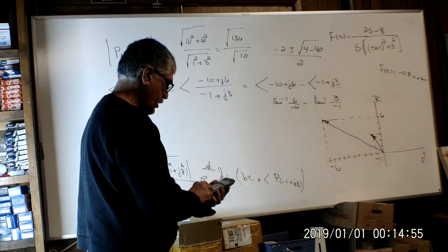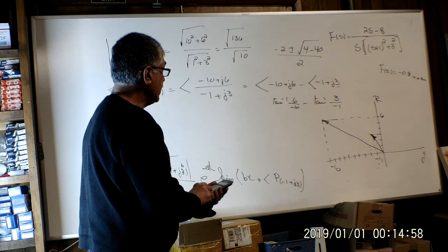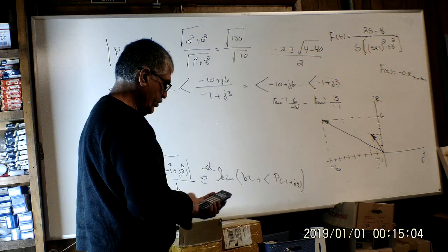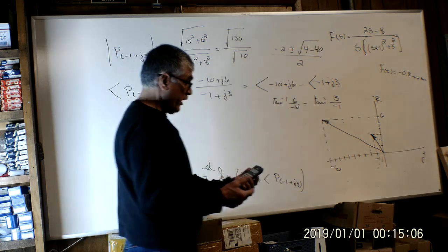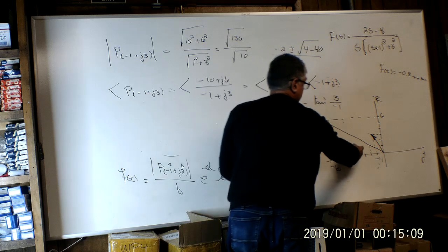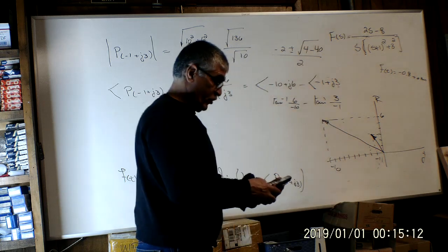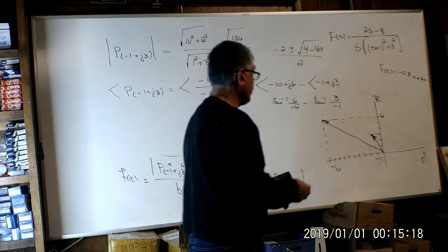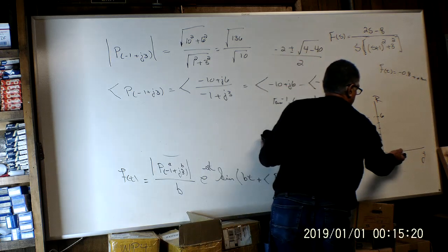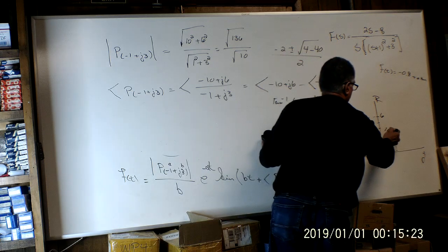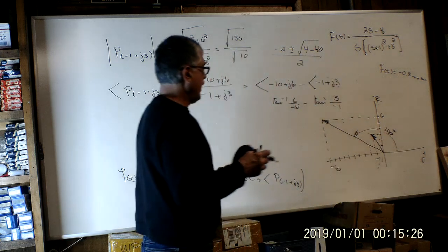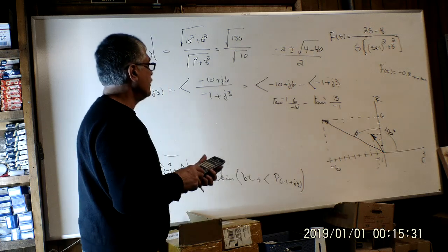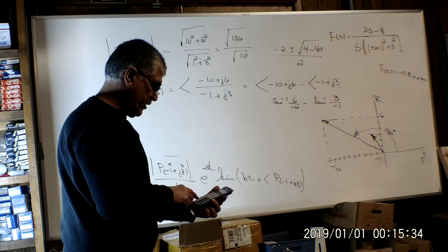So that would be 0.6. Inverse tangent of 0.6, which is 30.96 degrees from this axis. So this minus 180, so we are saying this is 149 degrees from here to here. And the tangent inverse of 3 divided by minus 1 will be 3.